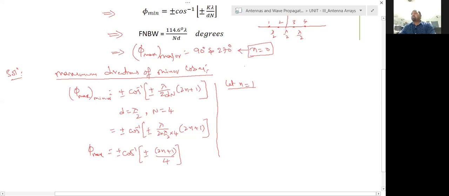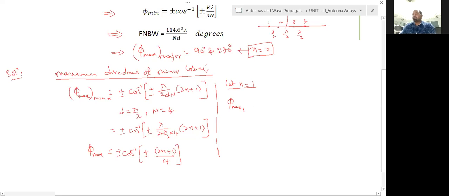It starts from n is equal to 1, which is for the first minor lobe, right?